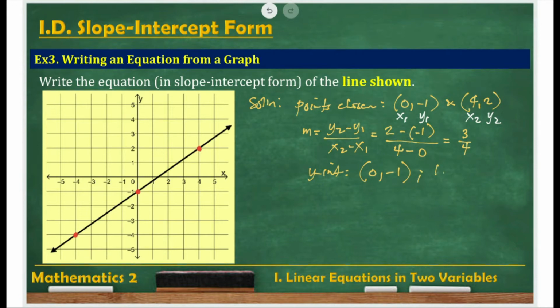So here b is equal to -1. By substitution, we substitute 3/4 for m and -1 for b in the slope-intercept form y equals mx plus b. Therefore, the equation of the line is y is equal to 3/4 x minus 1.